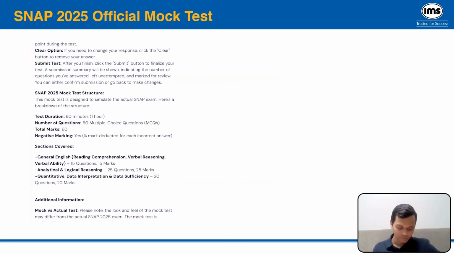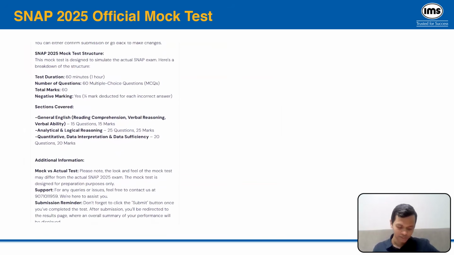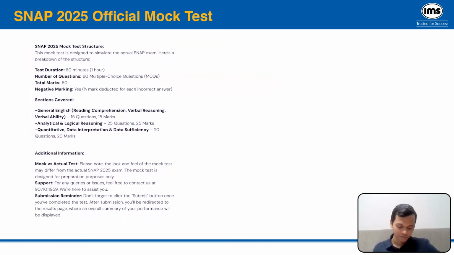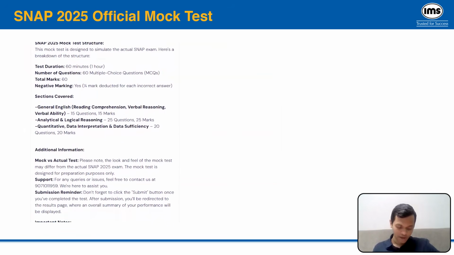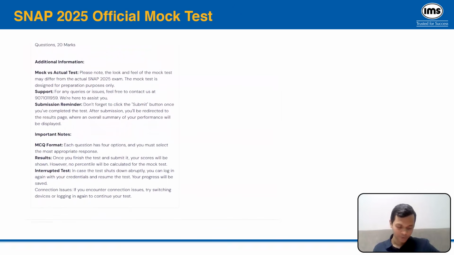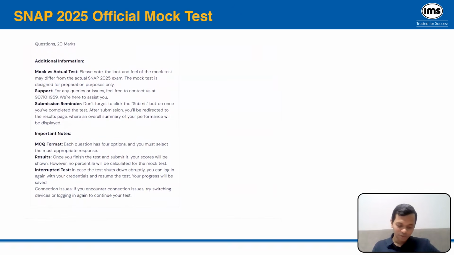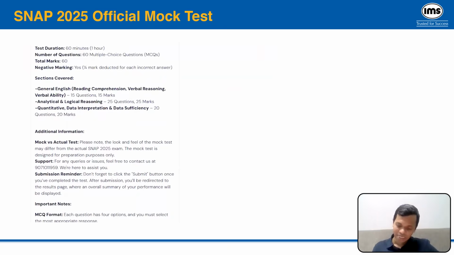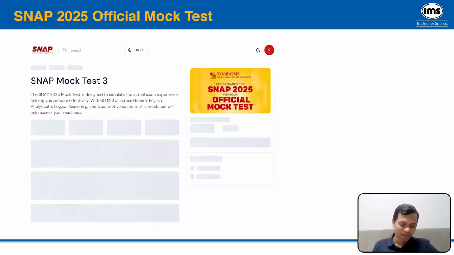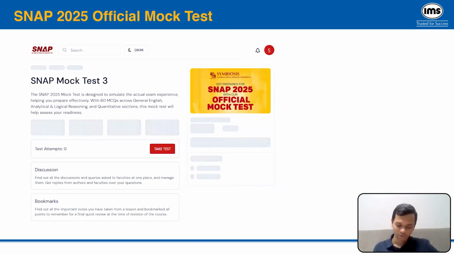Same structure as Snap: 60 minutes, 60 questions, 15 in English, 25 in analytical and logical, and 20 in quant. They have given a note that the look and feel of the mock test may differ from the actual Snap exam, so good to have that disclaimer. The mock test is designed for prep purpose only, and they have given some support number. I think this particular test is going to be valid till 3 p.m. today. That's what the message said.